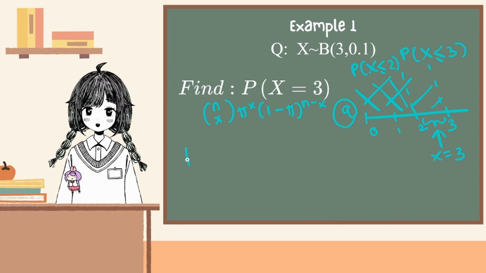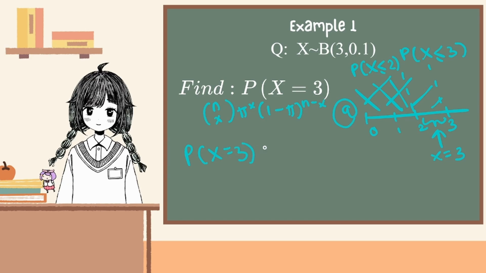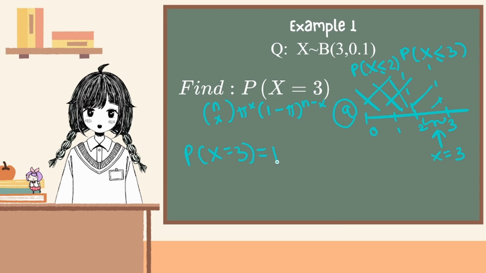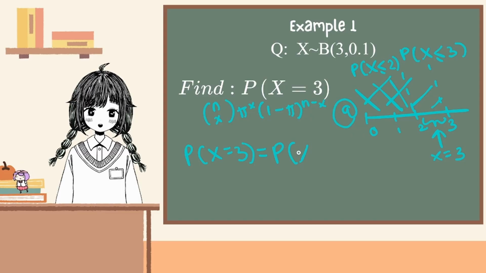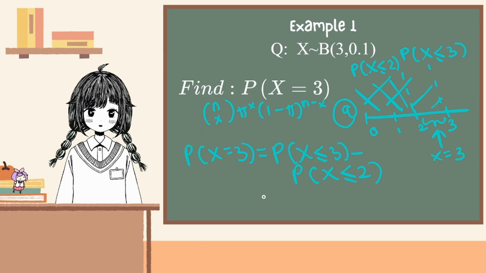So P(X equals 3) equals P(X less than or equal to 3) minus P(X less than or equal to 2). So this is our answer.